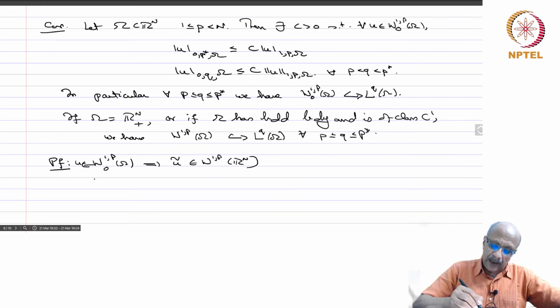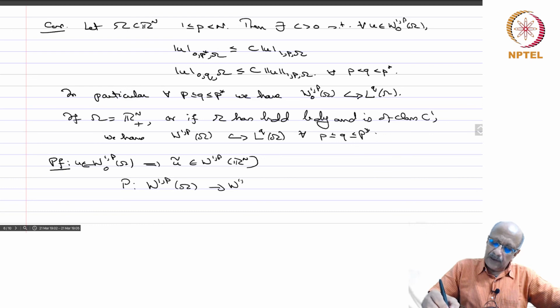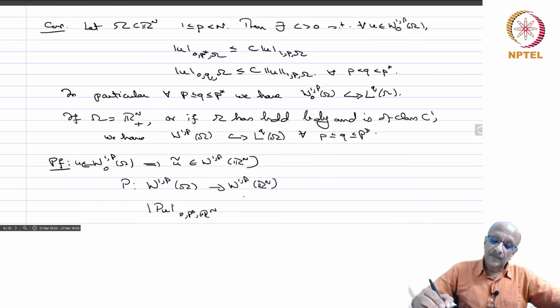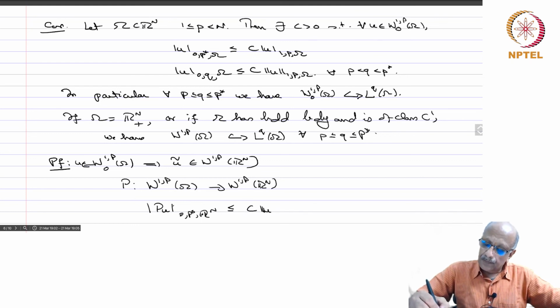In case of omega equals R^n plus, or if it has bounded boundary and so on, then there exists a prolongation operator P from W^{1,p} of omega to W^{1,p} of R^n. So you apply the theorem: norm Pu 0 p star R^n is less than or equal to C times norm Pu 1 p R^n.